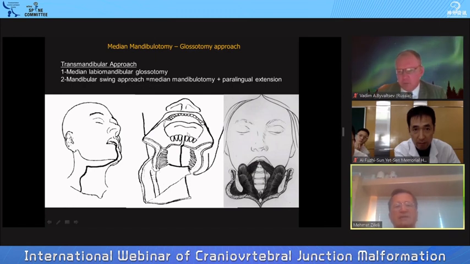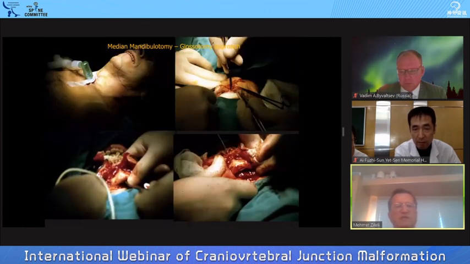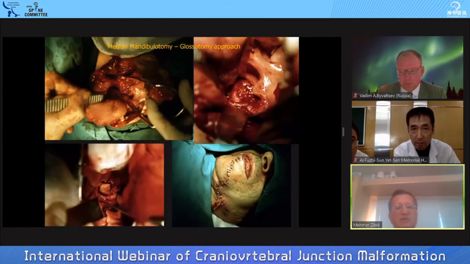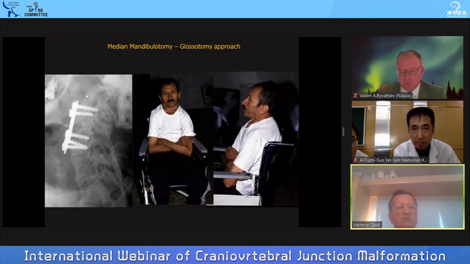You don't cut the tongue in the midline, but you come from one side only, with paralingual extension. This is one of the cases I've done by cutting the mandible, and this is after correction of the deformity and plating and grafting.